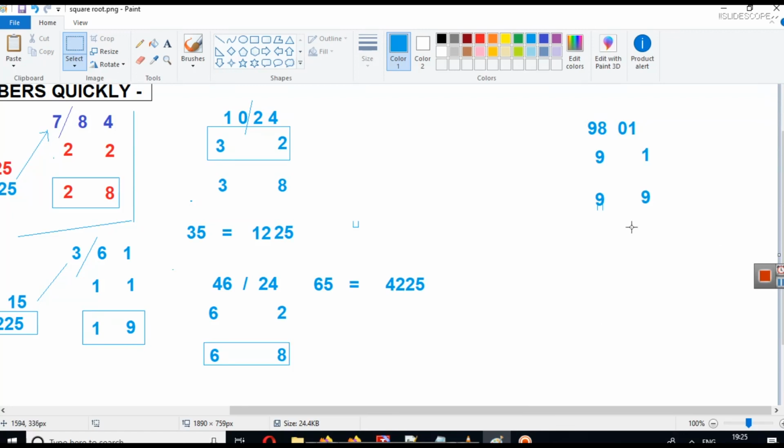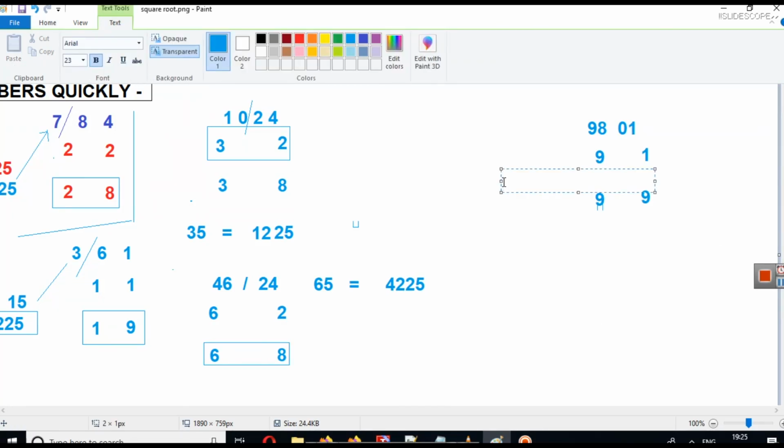So, you can choose this, but because we are discussing this trick, now you have to find the square of 95. In case of 95, also you can just write 25 here. What is 9 plus 1? 10. And what is 10 into 9? 90. So it will be 9025.